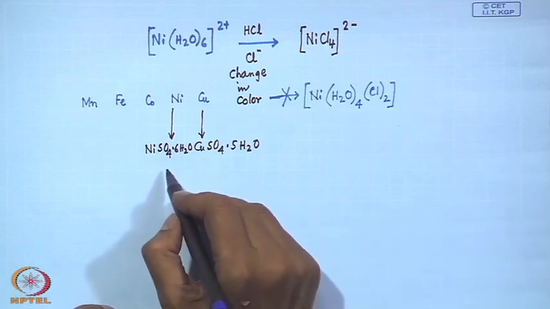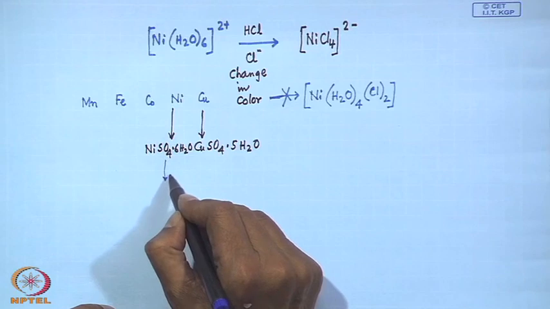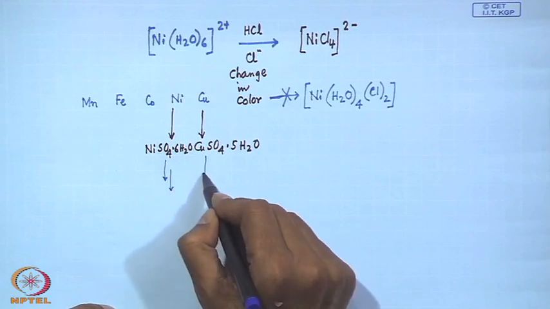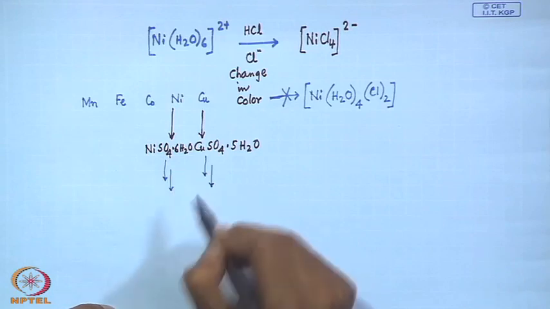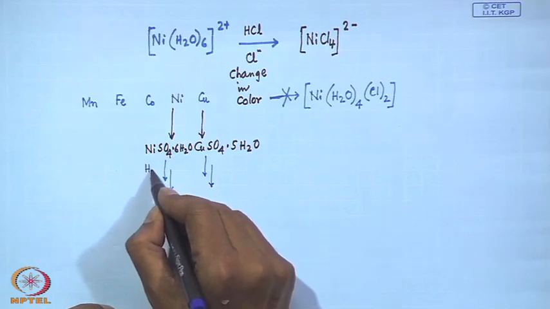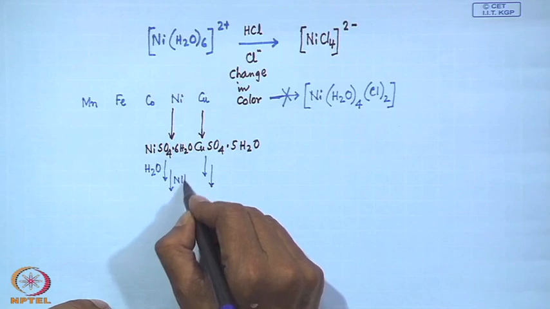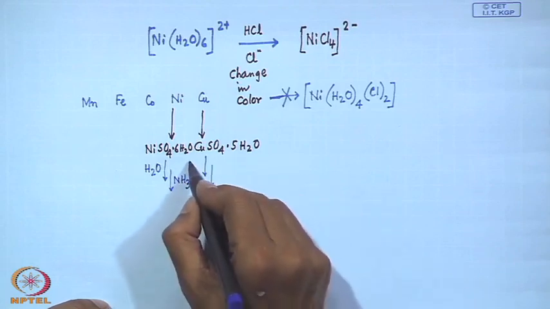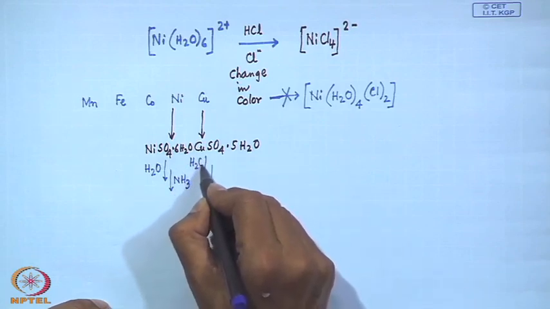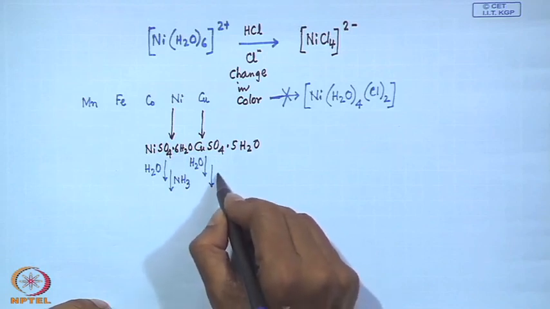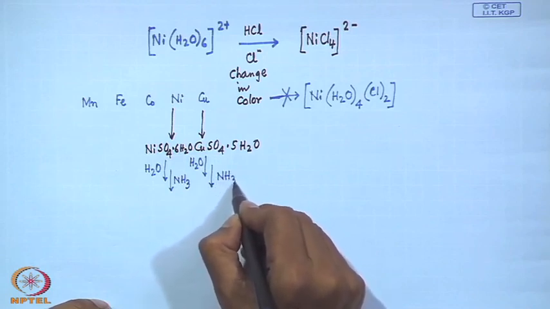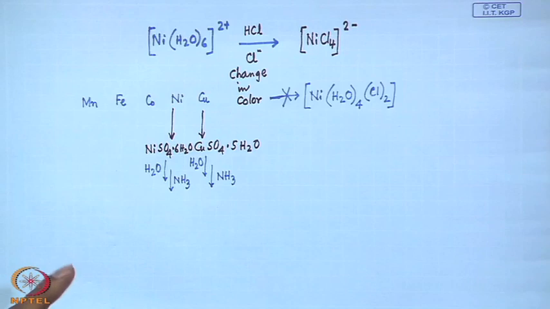So, when we are dissolving in water, as we have seen just now, water will first coordinate with them and then comes the addition of ammonia. Here also, water first, then ammonia.